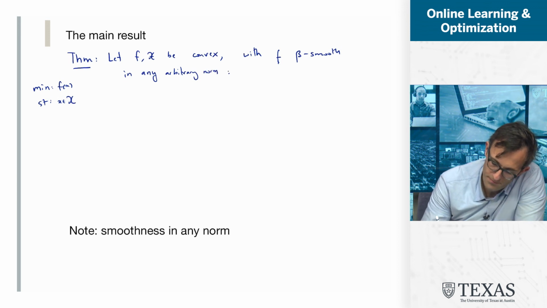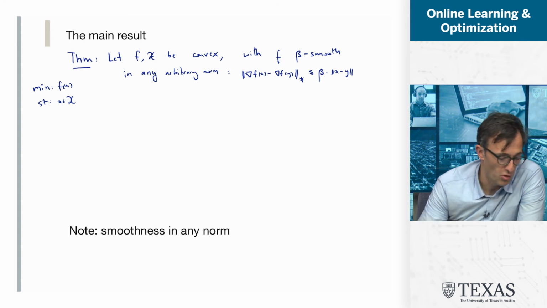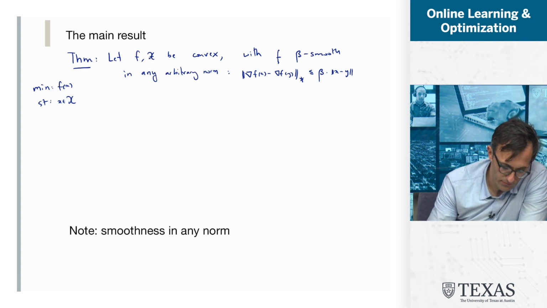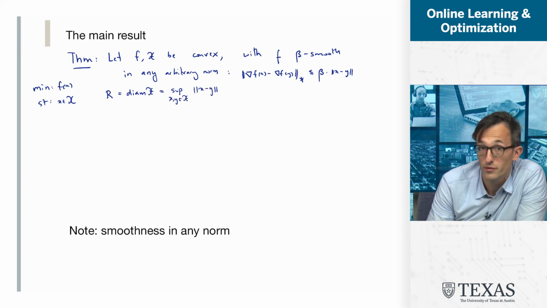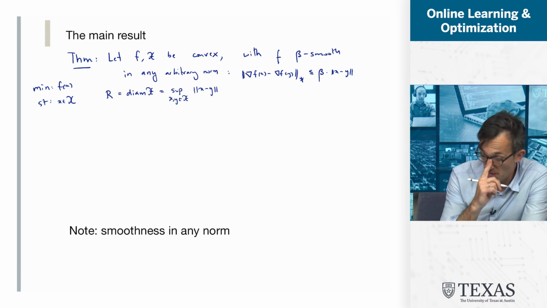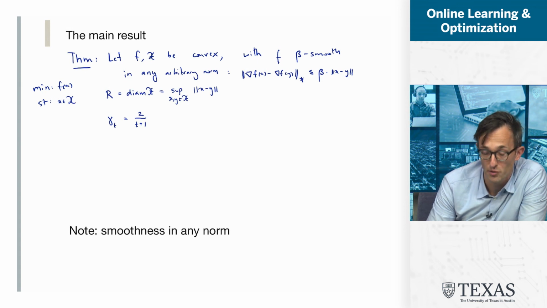So in other words, we have that the gradient of f of x minus the gradient of f of y, the norm of that measured in the dual norm, is bounded above by beta times x minus y measured in whatever arbitrary norm we can use. Let's let r equal the diameter of x, in other words, the supremum over all x, y in x of x minus y. Again, note that I'm not using the Euclidean norm. I'm using whatever norm I've used for the definition of beta smoothness. And let me choose gamma t to be 2 over t plus 1. Gamma t is a key part of the Frank Wolfe algorithm.